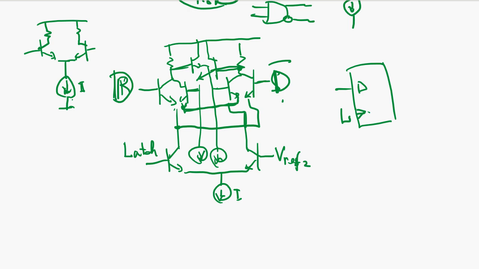So when the L signal goes high to low, here the data is retained, and when it goes high, data is acquired. Okay, so this is the latch signal.